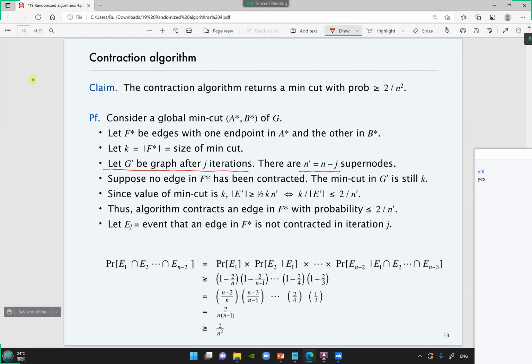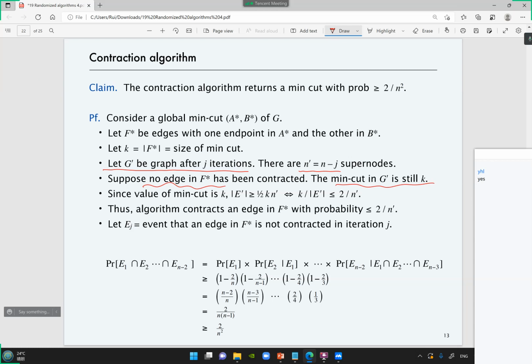And suppose up to now, after you've run j iterations, we're still in a good situation where we still have not contracted any of these F star edges. Then the min-cut is still going to be k, because you haven't contracted any of these k special edges.